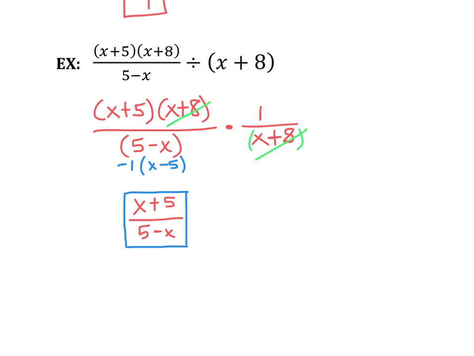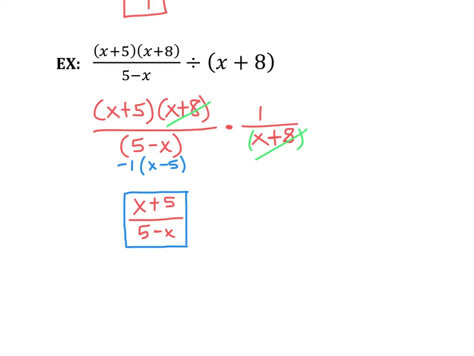All right, so by way of summary, as far as the process for multiplying or dividing rational expressions, take a look at the original problem. If it is a division problem, I would suggest rewriting it as the first rational expression multiplied by the reciprocal of the second rational expression.